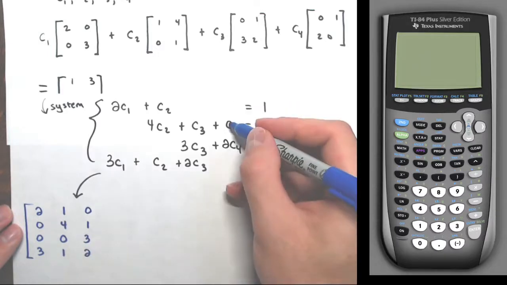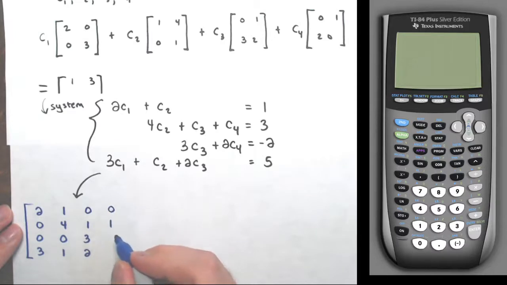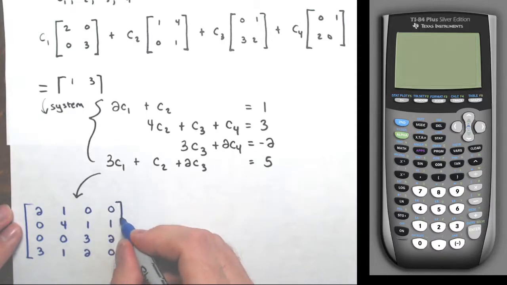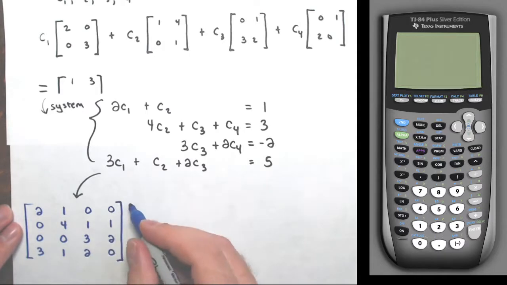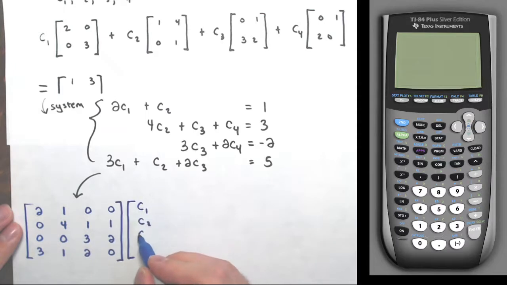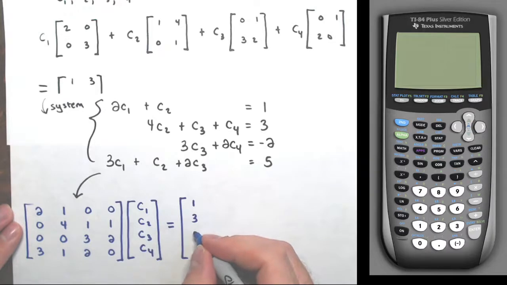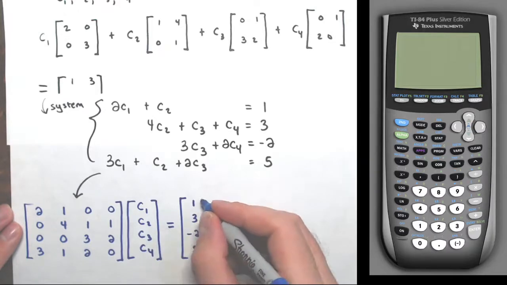Down the fourth column, the coefficients of C4: 0, then 1, then 2, then 0. So there's your coefficient matrix times the variables C1, C2, C3, C4, equals the column of constants 1, 3, negative 2, 5.